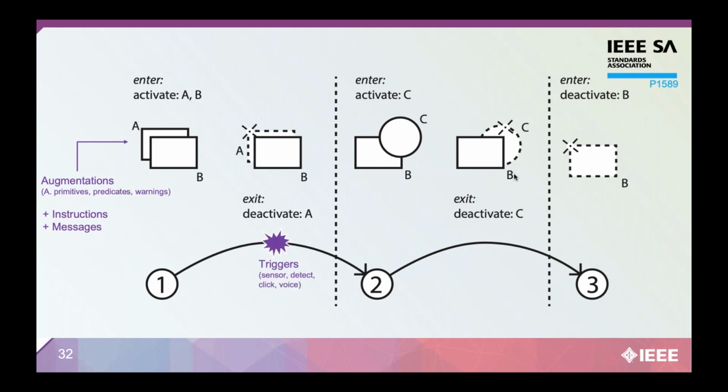The state change is done by triggers, and the standard foresees at the moment 4 types of triggers. A click trigger, that's kind of ticking off on the list of action steps on the task card, the action step as being performed. A voice trigger, you could imagine saying next to move on to the next action step, or sender and detect triggers.